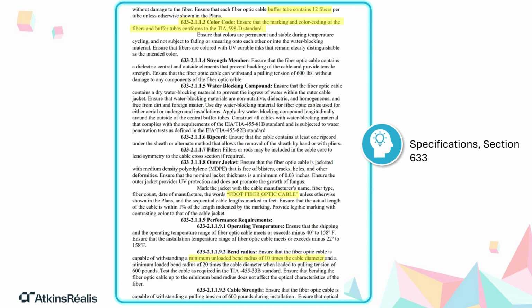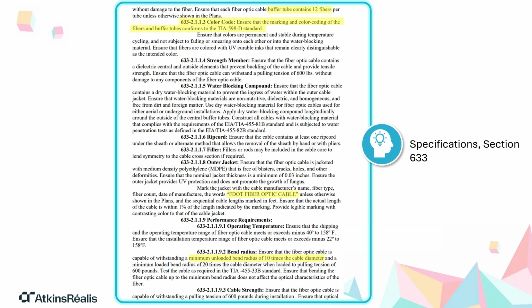Looking further into the specs, you can see here that the buffer tube contains 12 fibers, just like we talked about. That's the industry standard from TIA 598D. In the next highlighted section, it talks about the TIA 598D standard and requiring that all installations on projects in the state of Florida shall utilize cables with the same industry standard color code.